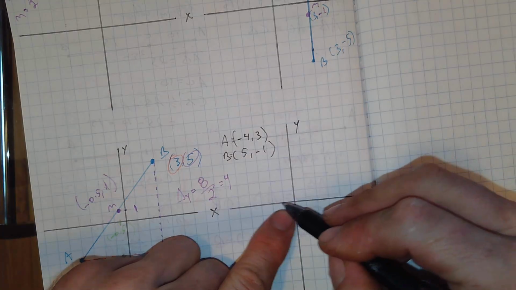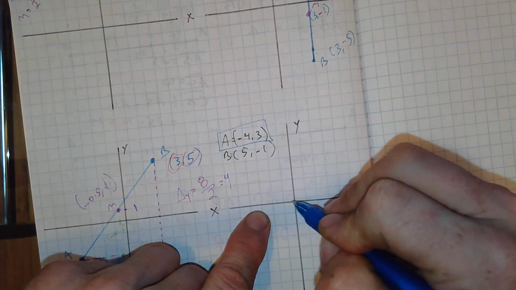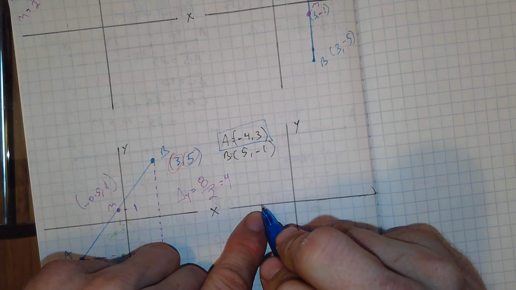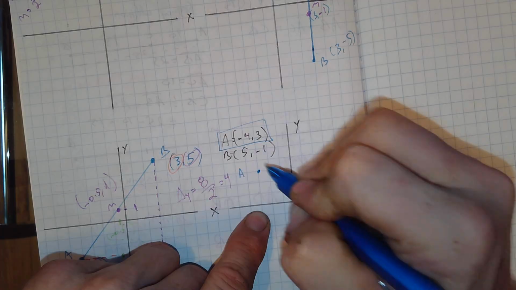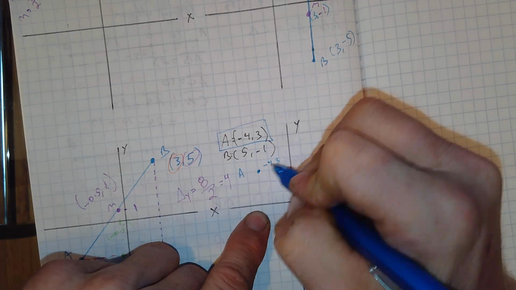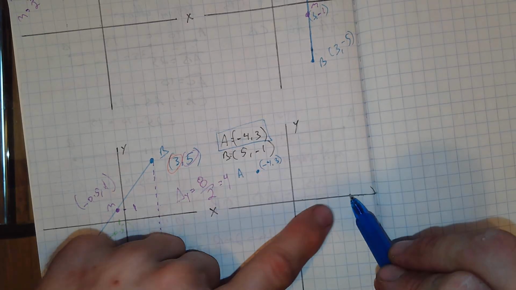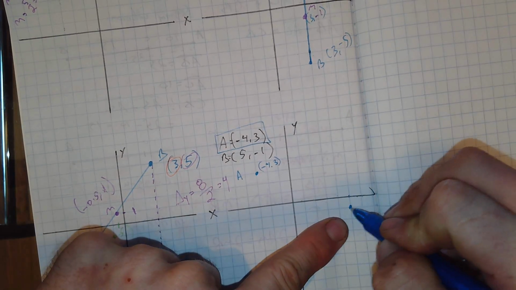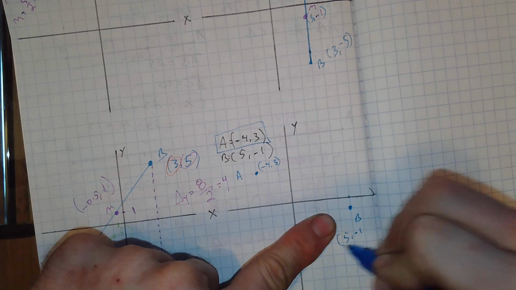Point A is at -4, and then 3 up. And then point B is at 5, and then -1. That's my point B at 5, comma, -1.